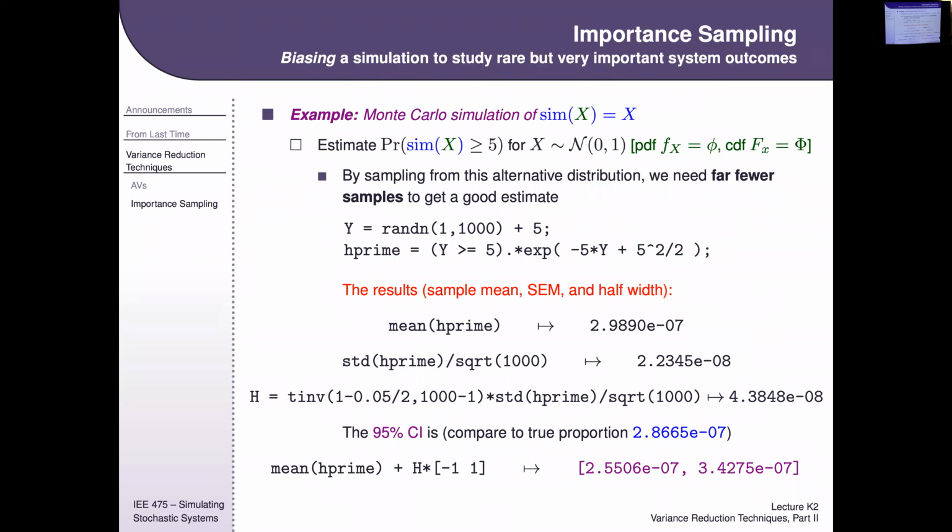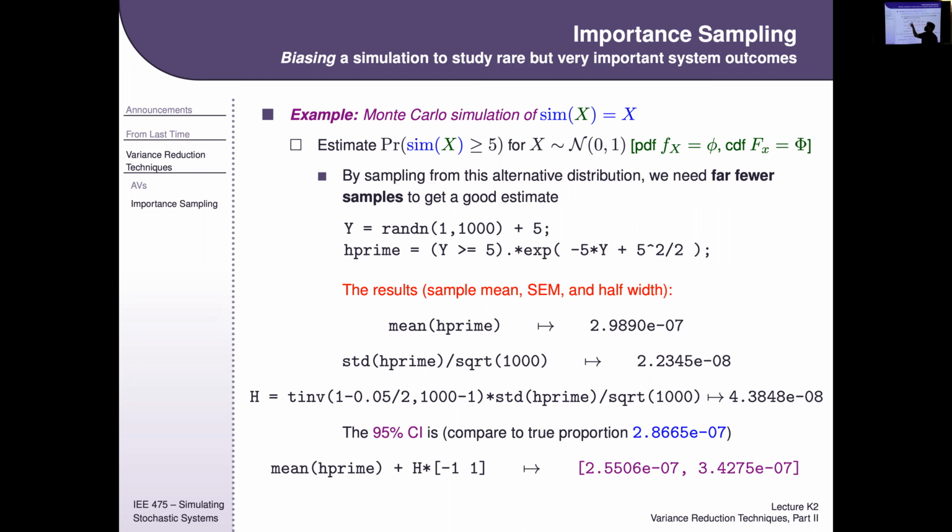So in MATLAB, I drew, in this case, only 1,000, not even a million, 1,000 random numbers. Then this plus 5 means they're random. Because a normal distribution is location-scale, if I draw a standard normal and add 5 to it, it just becomes a normal distribution with standard deviation 1 centered at 5.